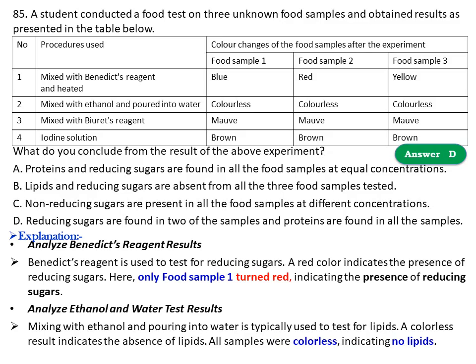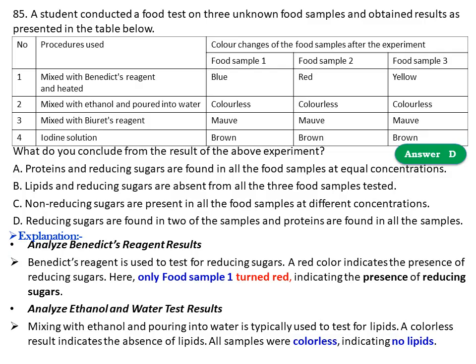When we analyze the Benedict reagent for number one, the Benedict reagent test is used for reducing sugar. Here only one sample turned red, which indicates the presence of reducing sugar in sample 2 only.